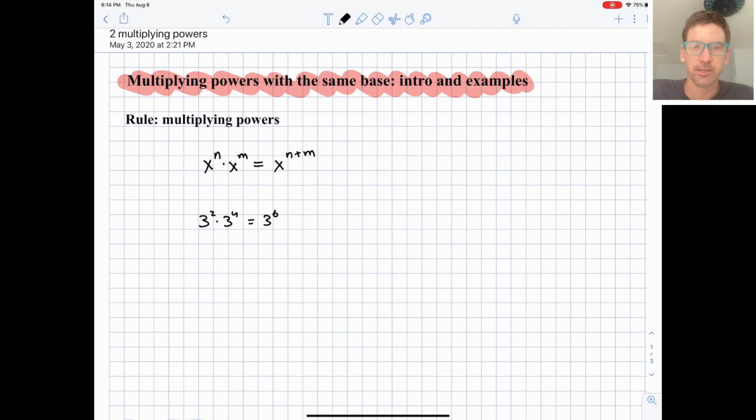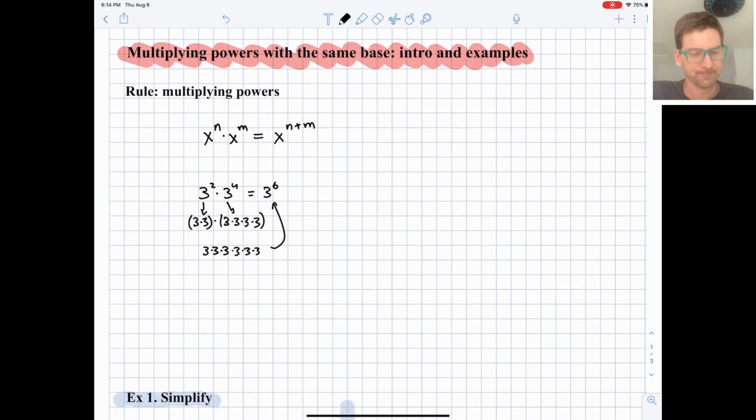But let's write it out longhand. 3 to the second is 2 3's being multiplied together, and 3 to the fourth is 4 3's being multiplied together. And then we're multiplying these two terms together. I think you can see everything's just a multiplication here, and we just have 6 3's all being multiplied together. So it does equal 3 to the sixth. So that's why that rule works.